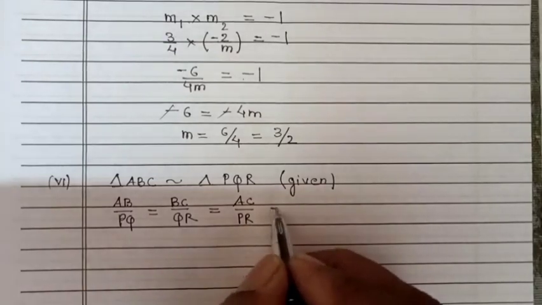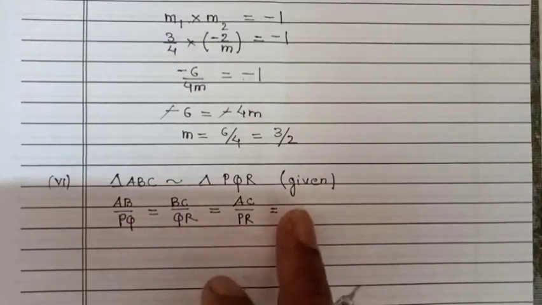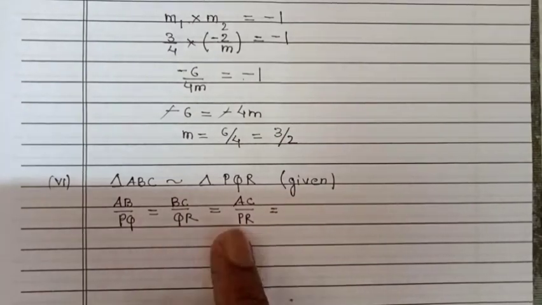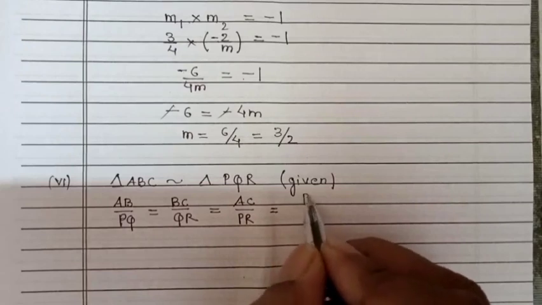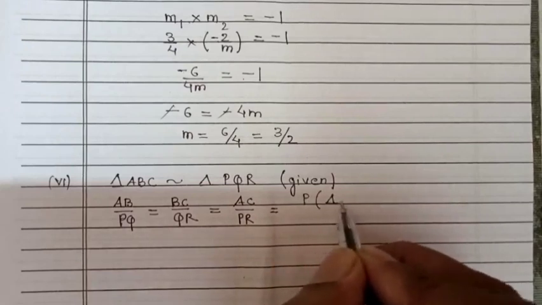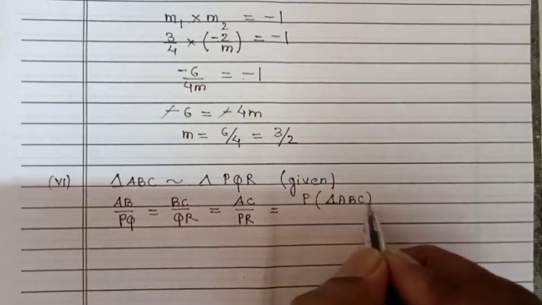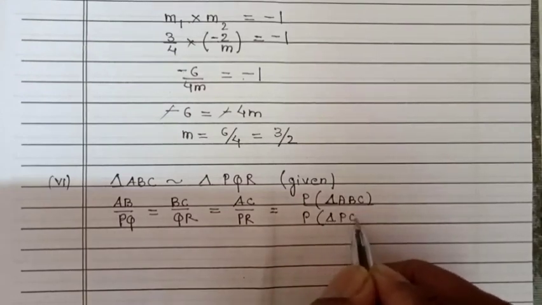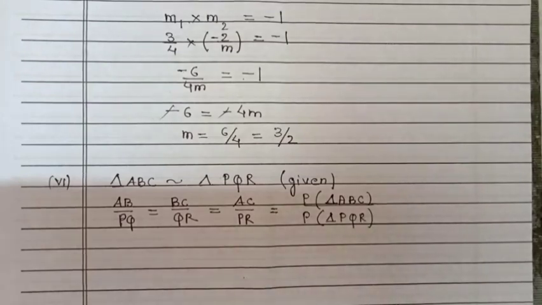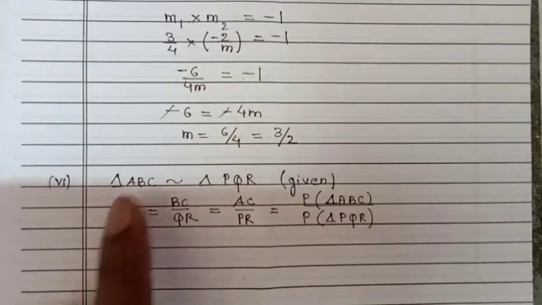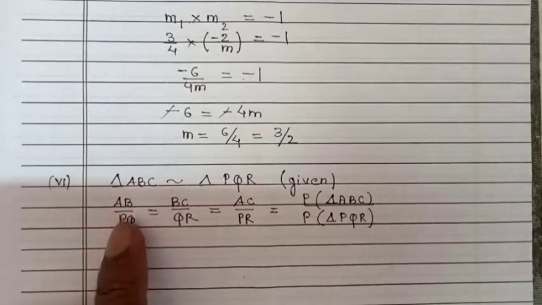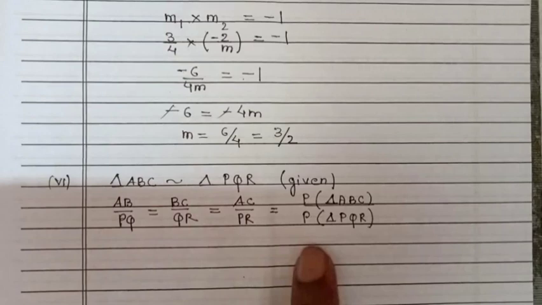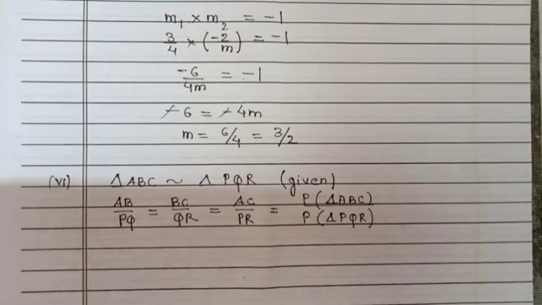Along with it, you also must know that the ratio of the perimeter is also equal to the ratio of the corresponding sides. So we can write perimeter of triangle ABC upon perimeter of triangle PQR. So you must remember that if two triangles are similar, the ratio of their corresponding sides as well as the ratio of their perimeter are equal.